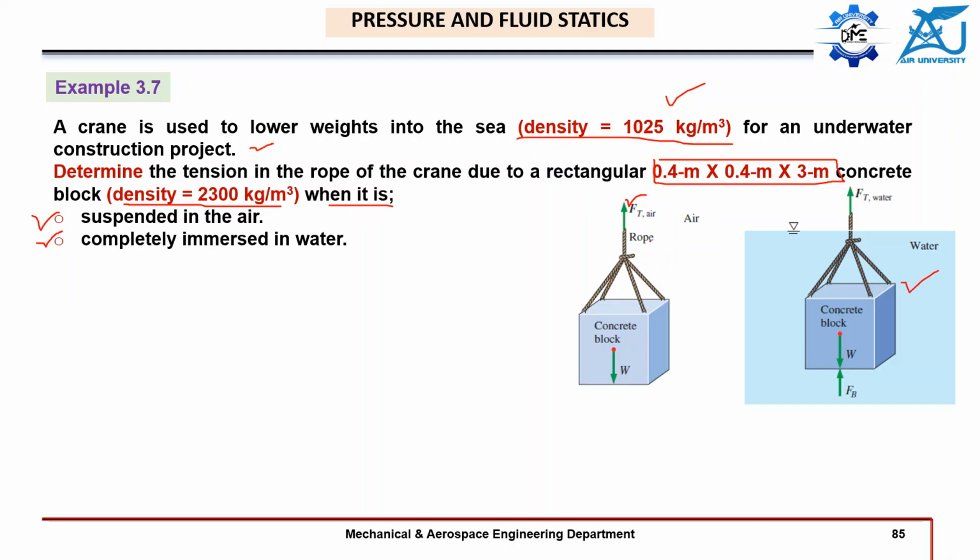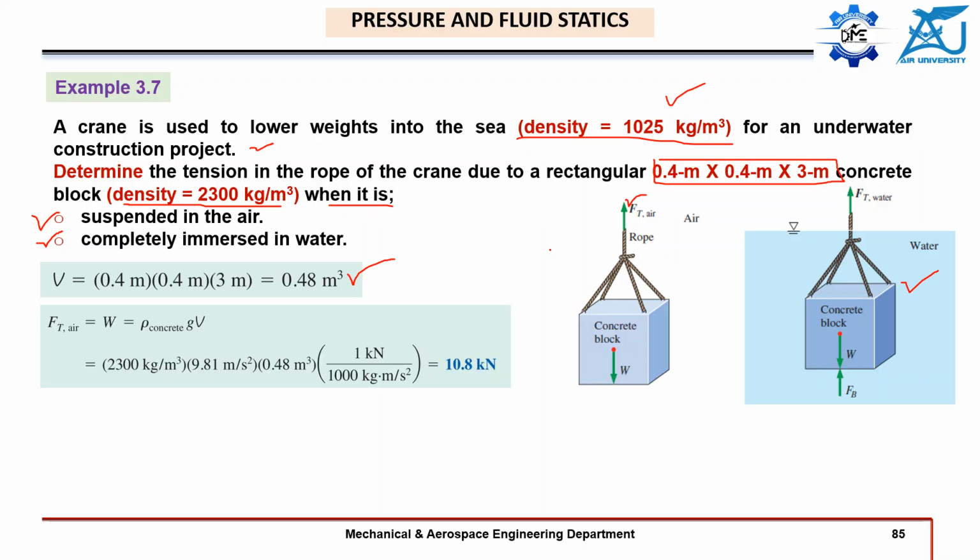Okay, so the first case is very simple. First, we can find out the volume of this cube. All the dimensions are given. So this is the volume, 0.48 meter cube. Next, in case of the block suspended in air, we can simply find out by using the simple formula, that this tension force will be equal to the weight of the concrete block.